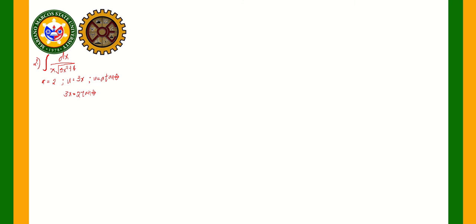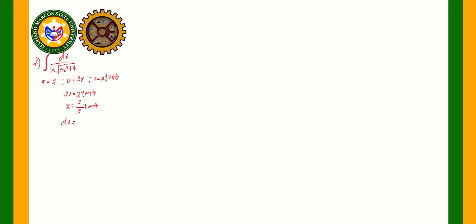Divide natin both sides by 3 para x na lang yung matira dito sa left side natin. So, x will be equal to 2 over 3 tangent theta. Okay? So, from there, kunin natin yung derivative niya.